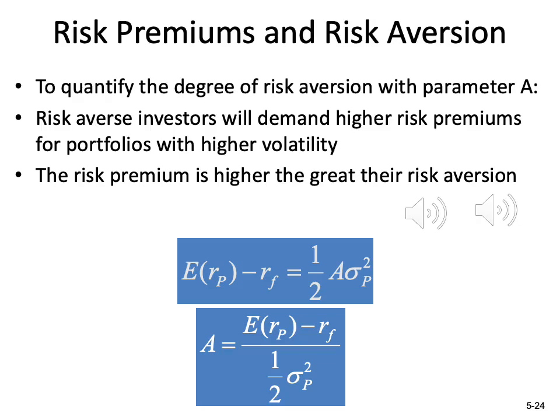The formula in the blue box shows the relationship between the risk premium and the risk aversion. So let's look at the right-hand side first. Sigma p squared is the risky portfolio's variance, the risk. So the higher the sigma p squared, the higher the risk of the portfolio. The higher the risk, the higher the risk premium the risky portfolio has to offer to compensate for the higher risk.